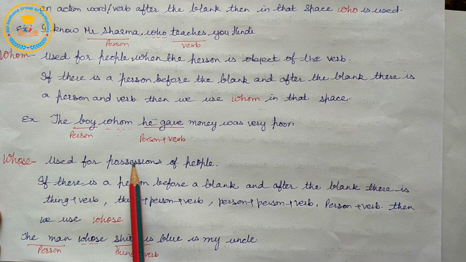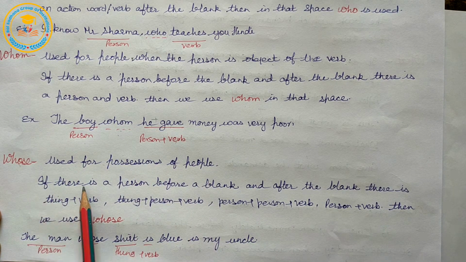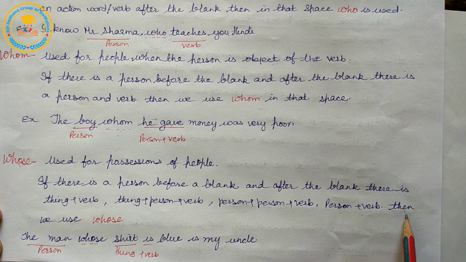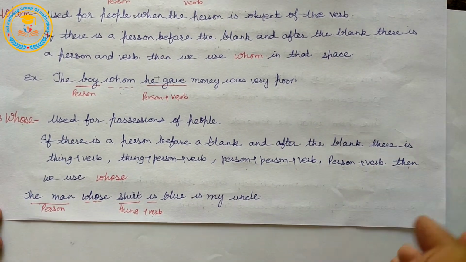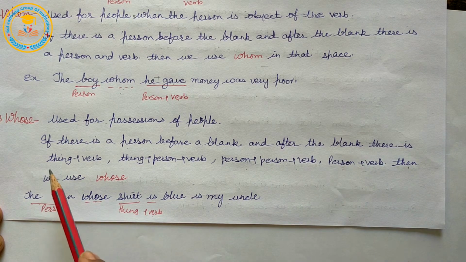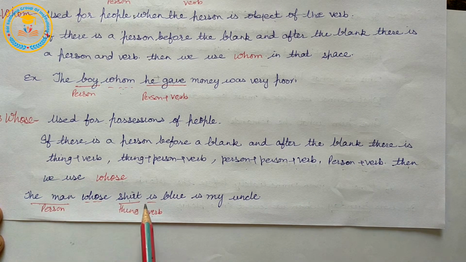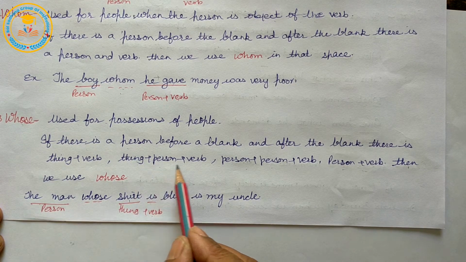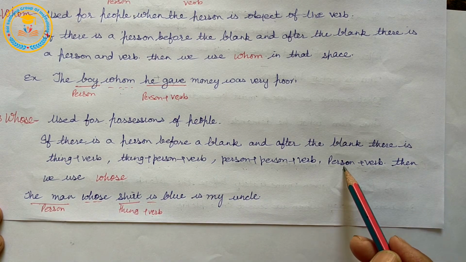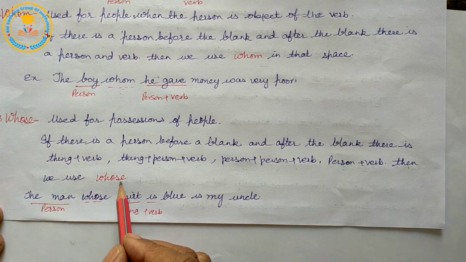Whose. Used for possession of people. If there is a person before a blank and after the blank there is thing plus verb, or thing plus person plus verb, or person plus verb, then we use whose.